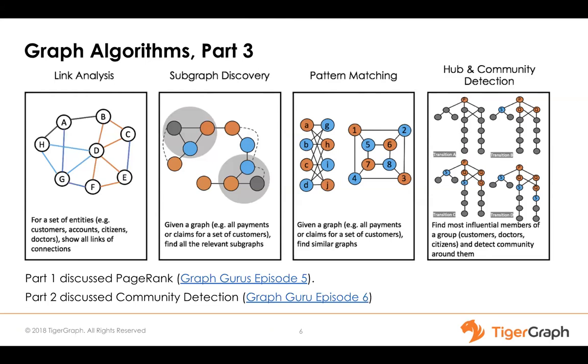Pattern matching, you can imagine that you're trying to find similar graphs in a larger graph topology. And hub and community detection is used to find the influencers in a group and find the clustering and community around the influencers. I intentionally left out the link analysis. Let's revisit the concept and definition in a later slide.